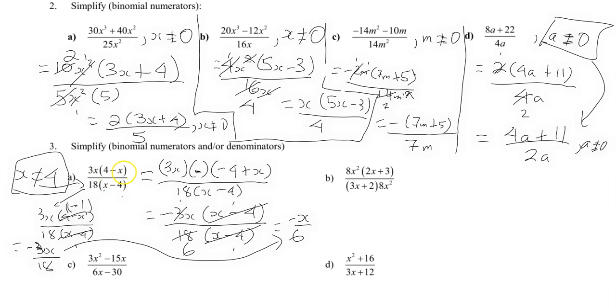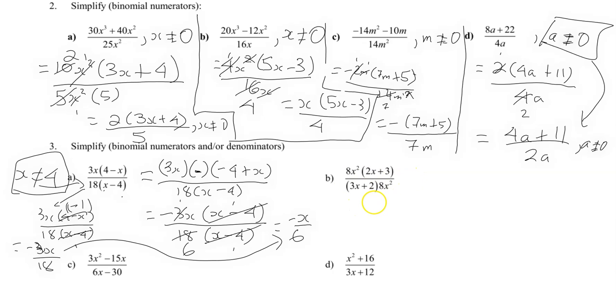That's not going to work if this is 4 minus x, and this is negative 4 plus x or something, because then that would be the same. If this is negative 4 minus x, then they don't have opposite signs. That would be a negative, and that would also be a negative. So: same two terms, both signs opposite. 4 minus x, a negative 4, and a positive x. Then cross them off, put in a negative 1.